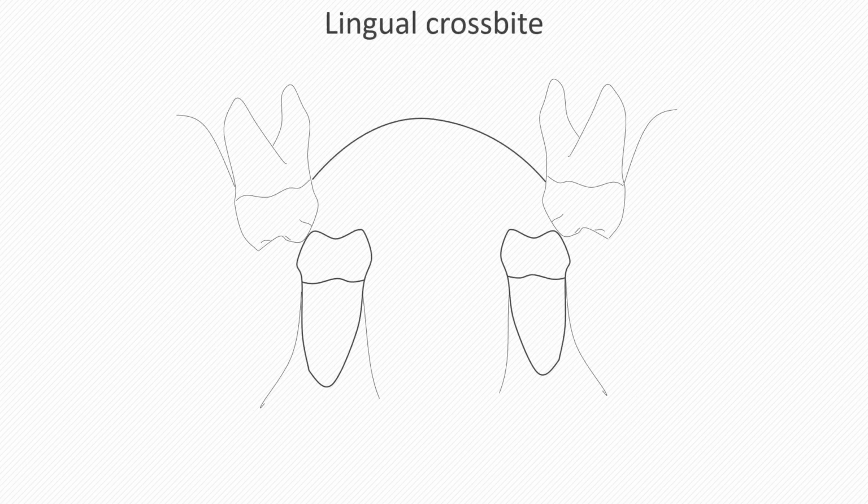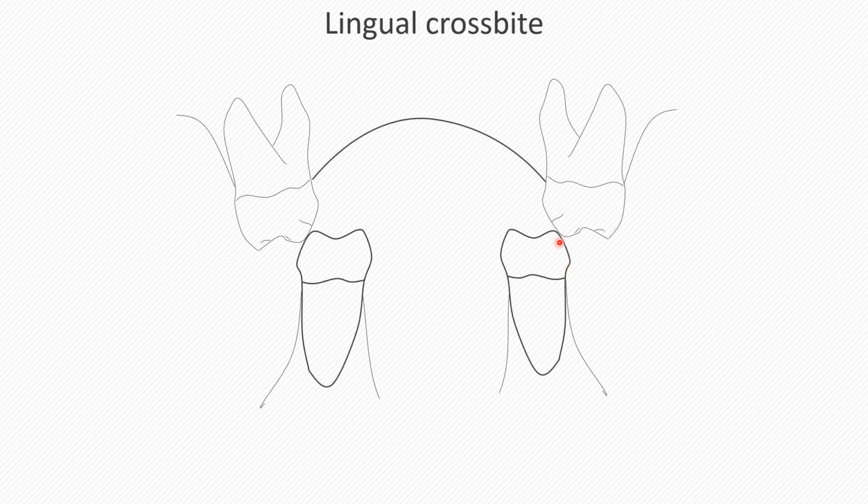Crossbite is also classified according to the extent of the posterior teeth into lingual crossbite, where the buccal cusps of the mandibular posterior teeth occlude lingually to the lingual cusps of the maxillary posterior teeth.